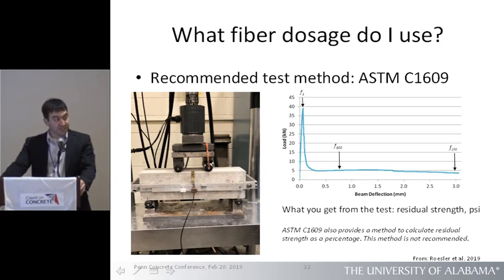And this test is simply taking an MOR beam made of your fiber reinforced concrete, putting it in a much more complicated setup than this typical Forney 4-point test machine, and carefully loading the beam to capture the crack and then the behavior after the crack is formed, and you're continuing the opening of it.